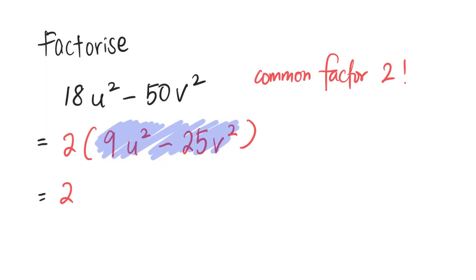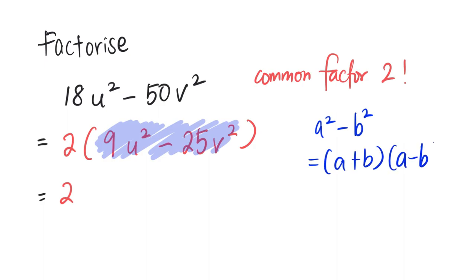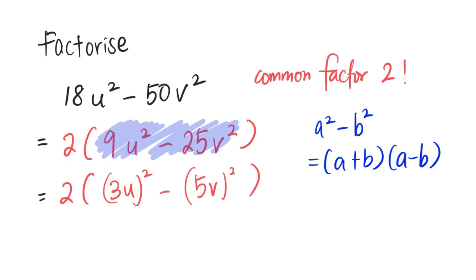I am going to make use of a square minus b square equals a plus b, a minus b, to help me. So for this, I could actually rewrite 9u square as 3u square. 25v square is 5 times 5, v times v, so is this.